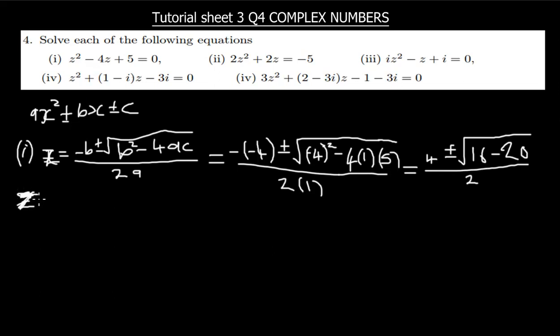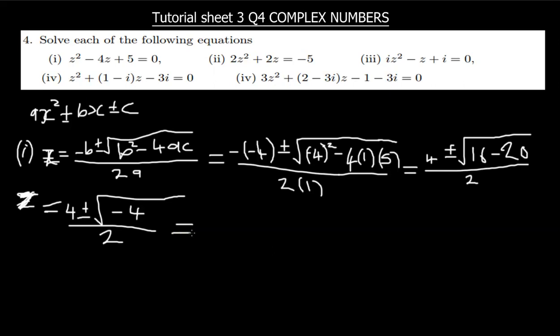So this time around I'm finding z. So z is equal to, I'll get that 4, then plus or minus the square root of 16 minus 20, I'll get negative 4 as my answer, and then over 2.